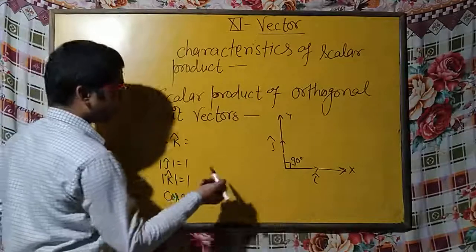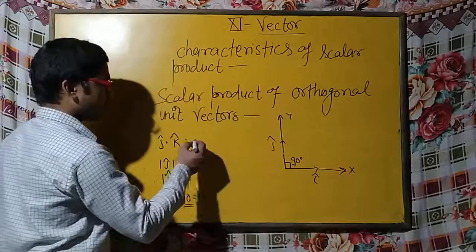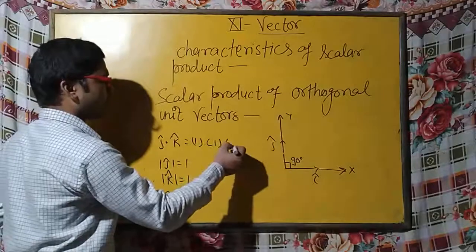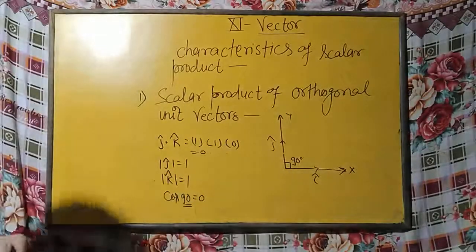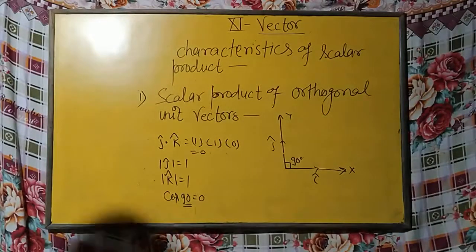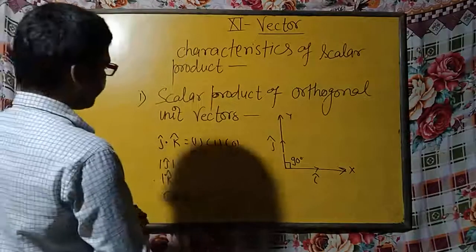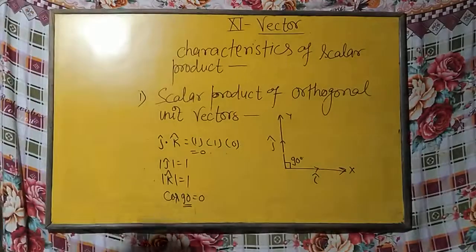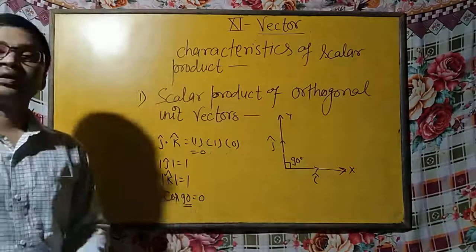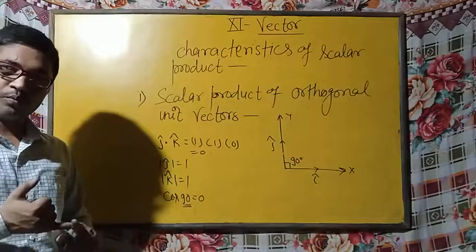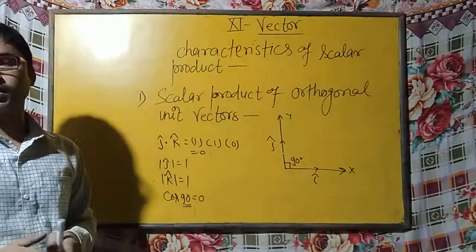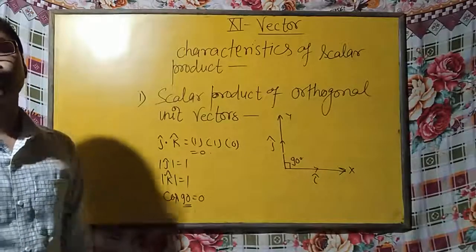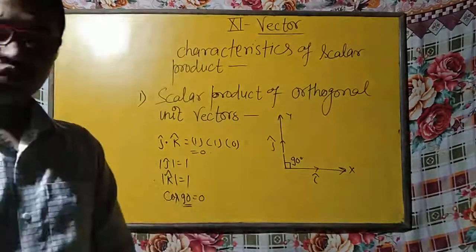So this gives 1 into 1 into 0, and the final answer is 0, right? Okay, so finally the conclusion is that the scalar product of two vectors which are perpendicular to each other is always 0.